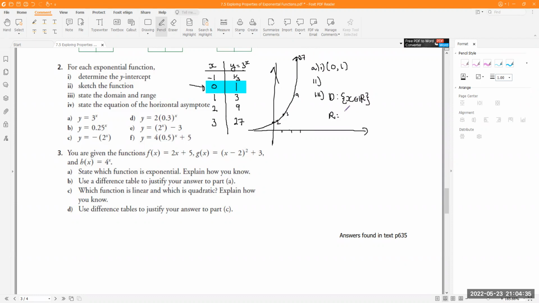For the range, it looks to me that it can go up forever, but it cannot cross that y equals 0 asymptote. So y belongs to the real numbers, but y has to be bigger than 0. And then lastly, state the equation of the horizontal asymptote. There is no vertical shift, so y is just equal to 0.